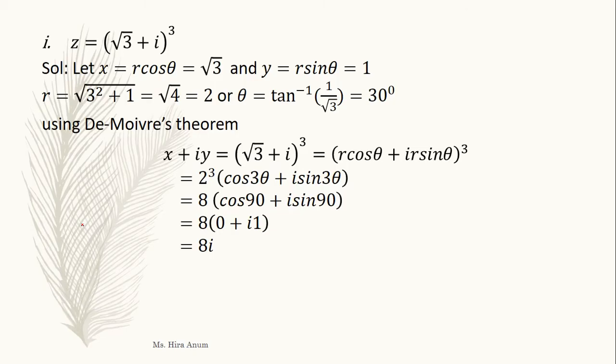Take z equals radical 3 plus iota, whole cube. x equals r cos theta, which is radical 3, and y equals r sin theta, which is 1, the imaginary part. The r value is 2 and theta is 30 degree.